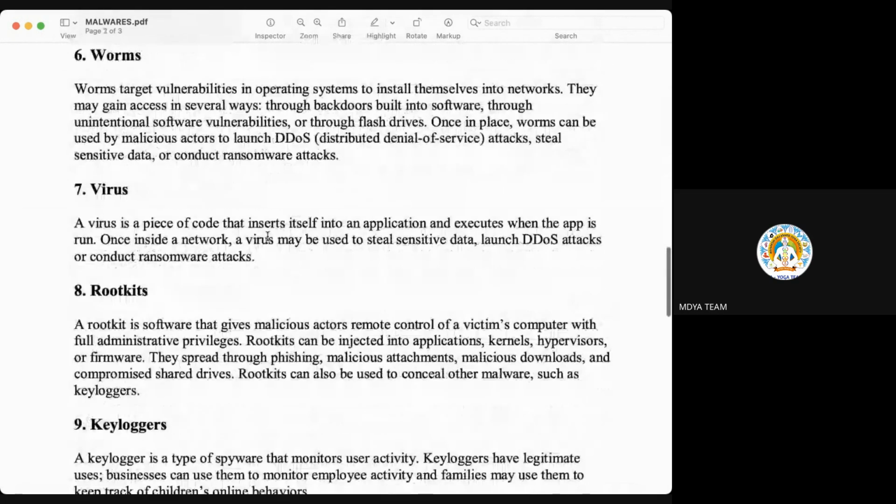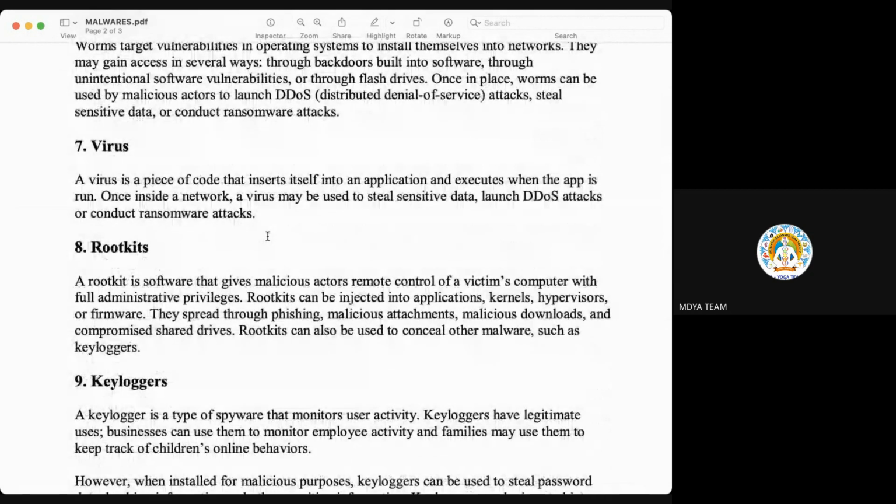And this one, virus, is again something that spreads, and they steal your data. But the virus is something which attacks a particular program or particular data or file, and it conducts ransomware attacks also.